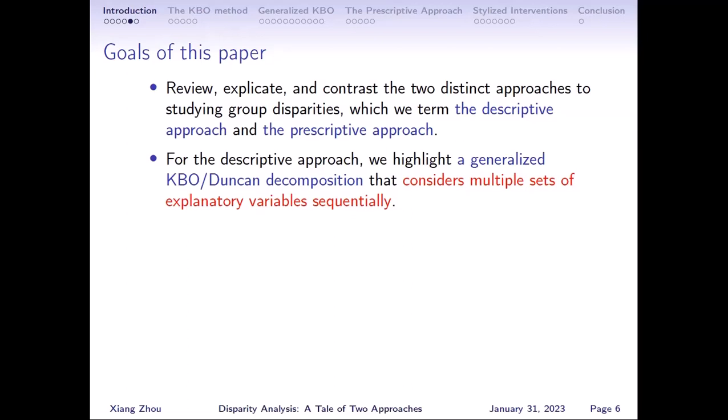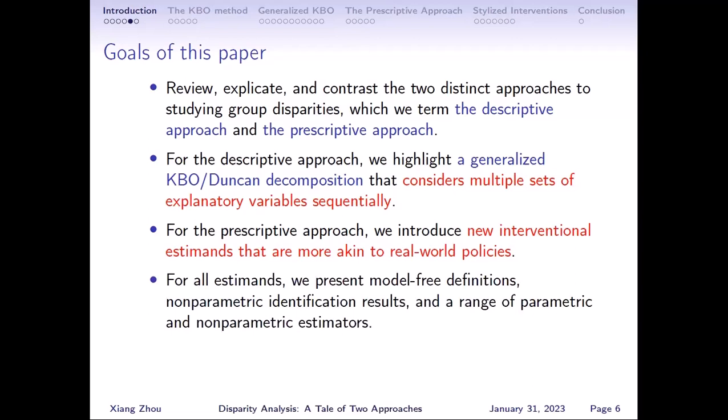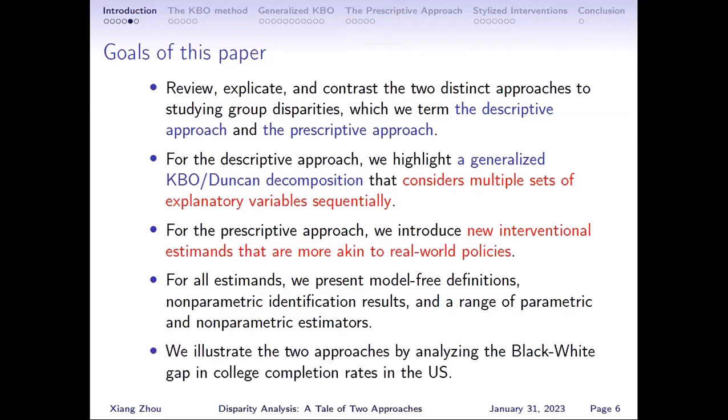You will see why we might want to call it a generalized Duncan decomposition in a couple of minutes, which considers multiple sets of covariates or explanatory variables sequentially rather than simultaneously. And for the prescriptive approach, we introduce new interventional estimates that are more akin to real-world policies than those considered in earlier work. And for all estimates, we present model-free definitions, non-parametric identification results, and a range of parametric and non-parametric estimates. And finally, we illustrate these two approaches by analyzing the black-white gap in college completion rates in the US.